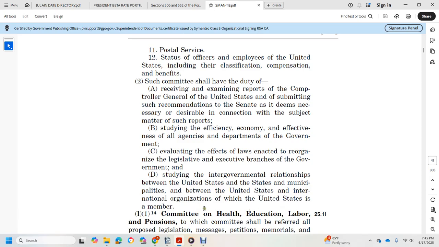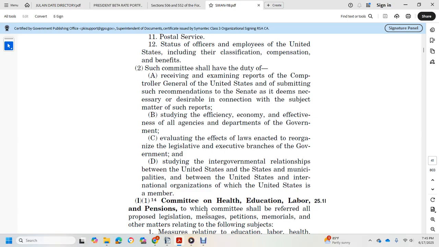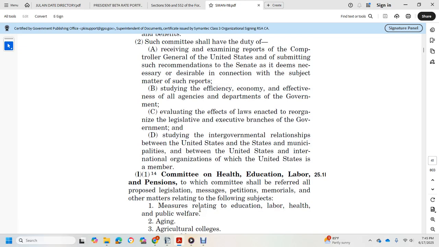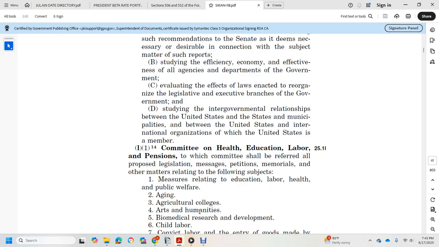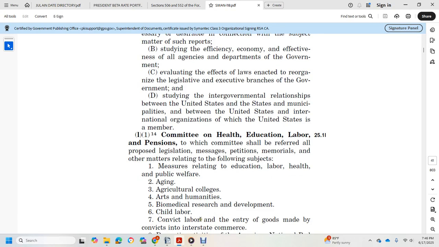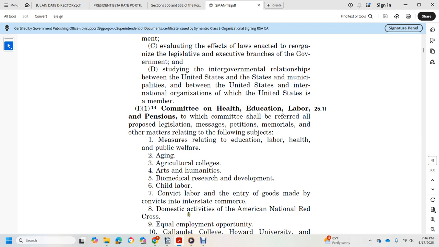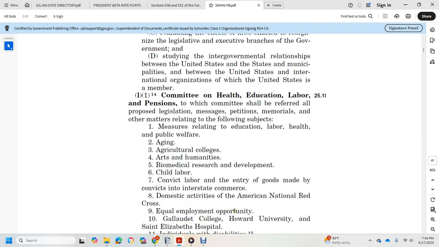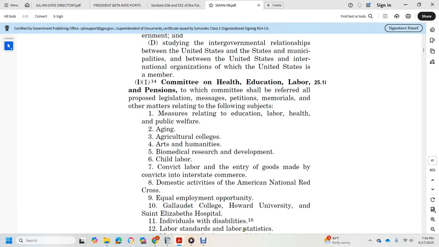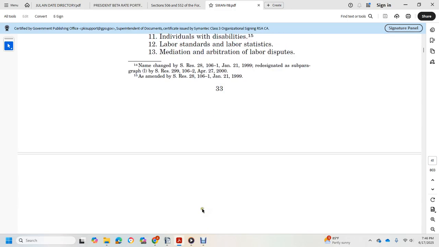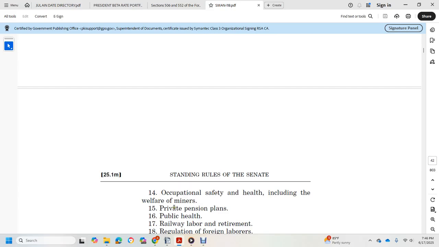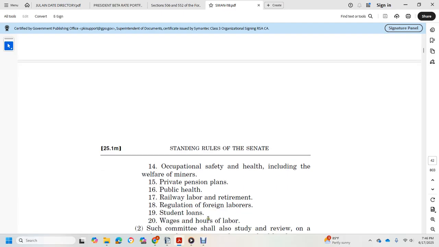L. Committee on Health, Education, Labor, and Pensions, to which committee shall be referred proposed legislation, messages, petitions, memorials, and other matters relating to the following subjects: measures relating to education, labor, health, and public welfare, aging, agricultural colleges, arts and humanities, biomedical research and development, child labor, convict labor and the entry of goods made by convicts into interstate commerce, domestic activities of the American National Red Cross, equal employment opportunity, Gallaudet College, Howard University, St. Elizabeth's Hospital, individuals with disabilities, labor standards, labor statistics, mediation and arbitration of labor disputes, occupational safety and health, including the welfare of miners, private pension plans, public health, railway labor and retirement, regulation of foreign laborers, student loans, and wages and hours of labor.